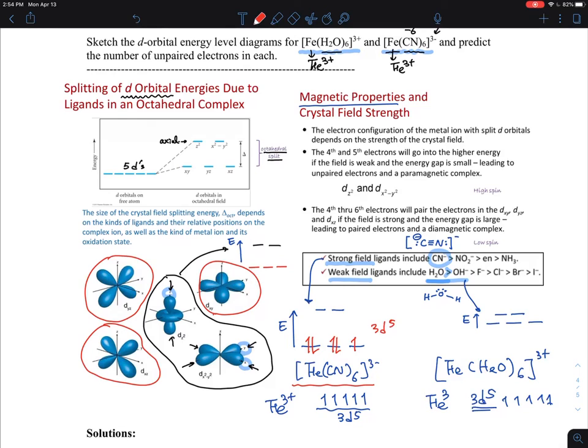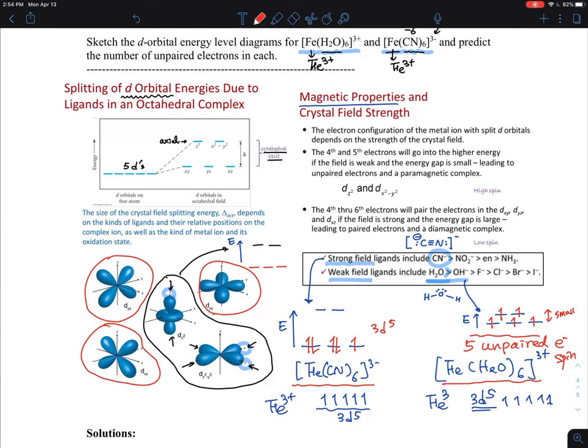Whereas in this one, you put 1, 2, 3, and instead of pairing up, the electrons go to a little higher energy because the octahedral splitting is so small. So this one has 5 unpaired electron spins.